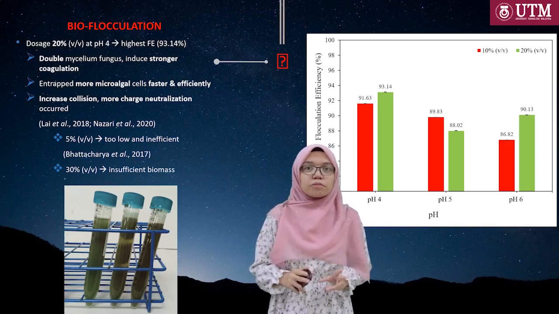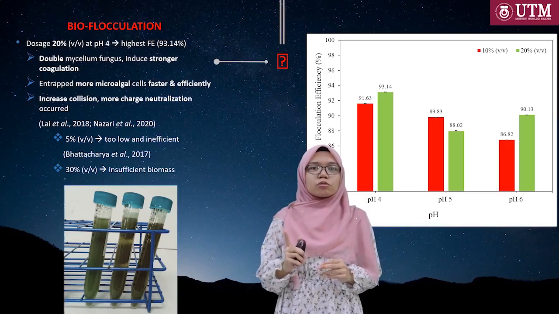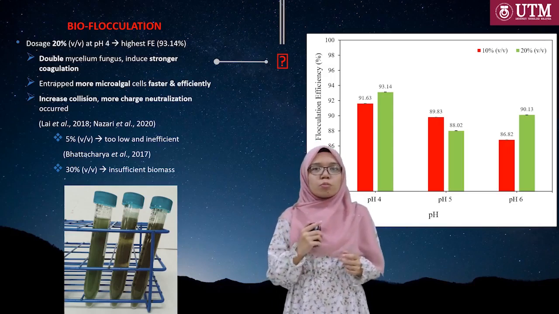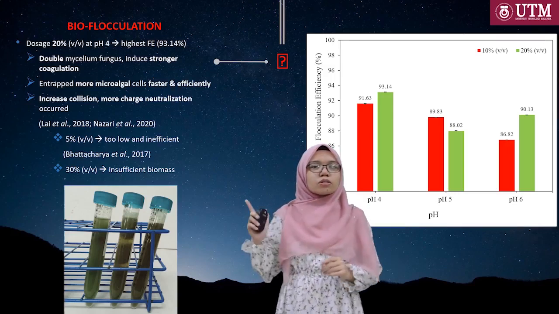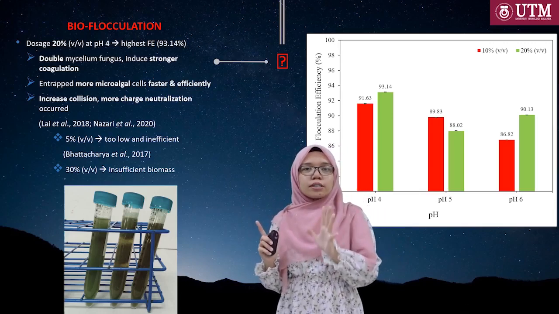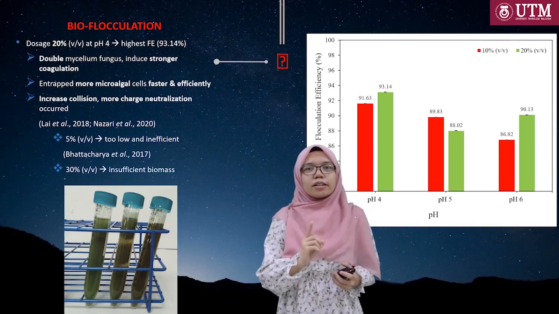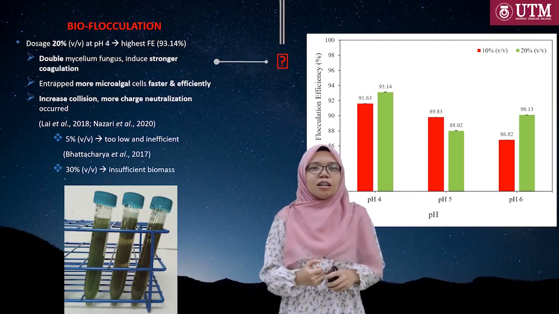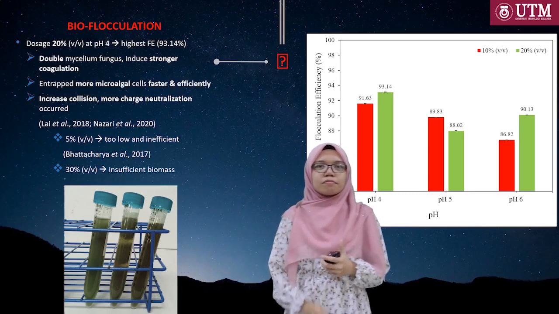Looking at the graph, 20% fungal culture at pH 4 resulted in the highest flocculation efficiency, which is 93.14%. This is because when double the concentration of mycelium is used, more microalgae cells are trapped at a faster rate. Also, it increased the collision, so more charge will be neutralized. And there are only 2 dosages because of these reasons.